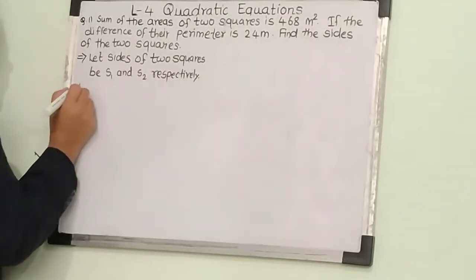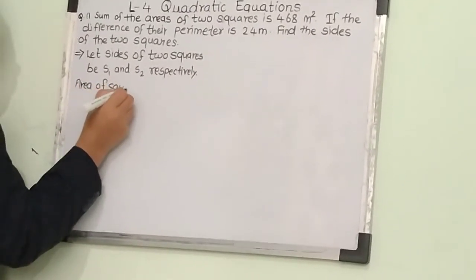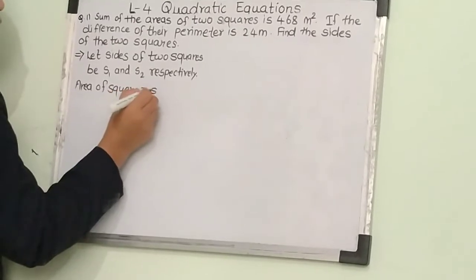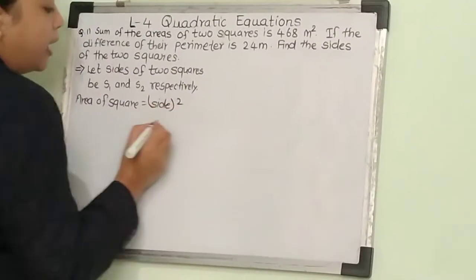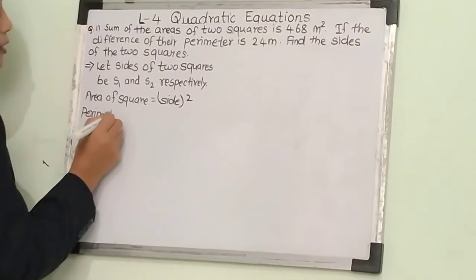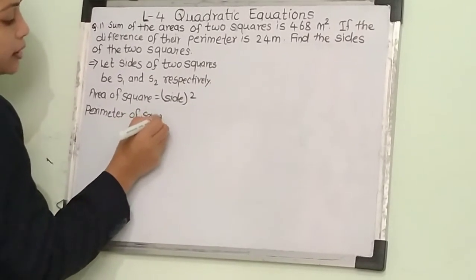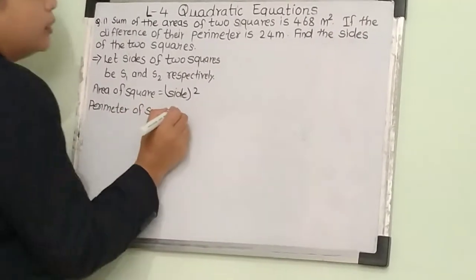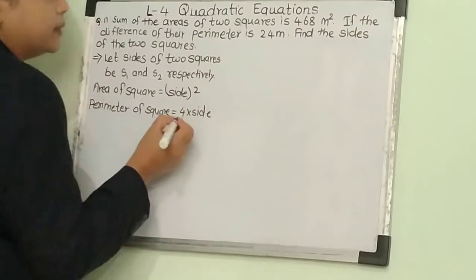We know that the area of a square is equal to side square, and the perimeter of a square equals 4 into side.